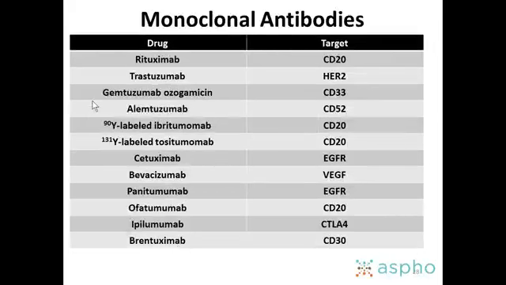There are also a list of monoclonal antibodies which target several agents, and you could actually get a question on these based on an epitope which is present on a cell, and they'd ask you which is the drug which you would probably pick. And so if you actually have CD33 over there, the answer is going to be gemtuzumab ozogamicin.